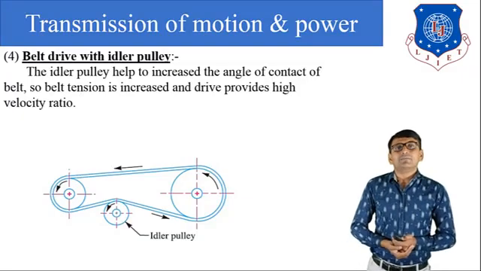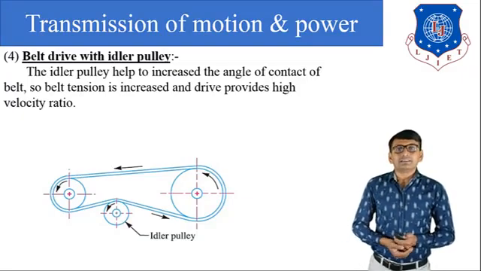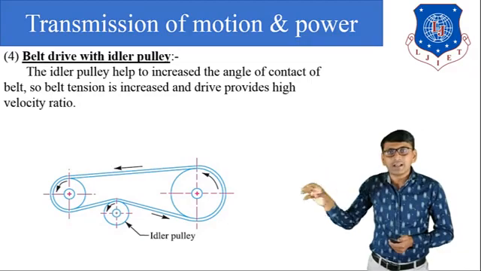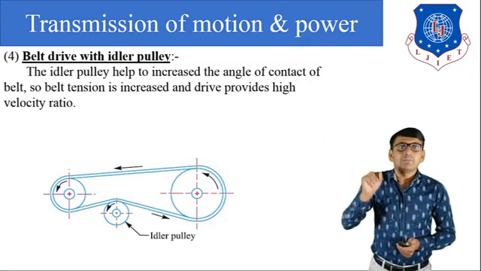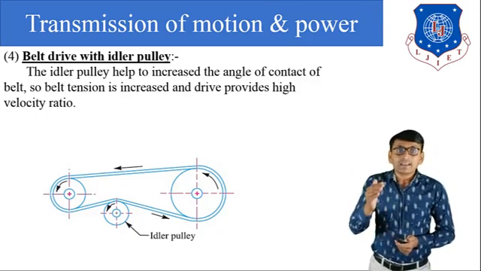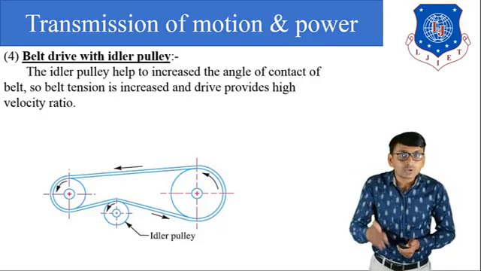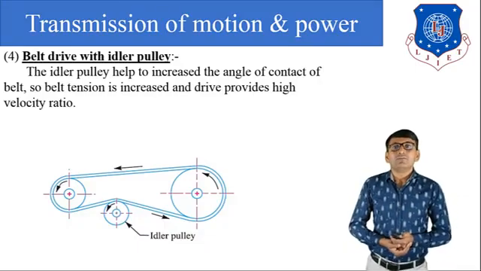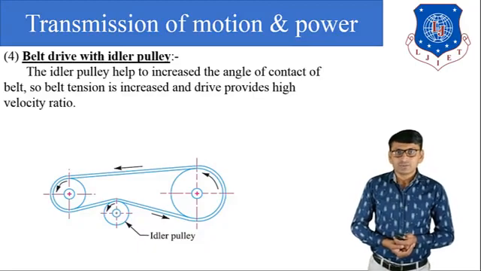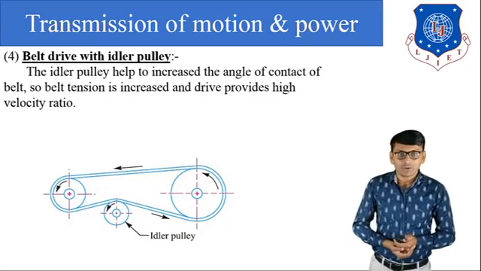The belt is mounted on the driving pulley and driven pulley, and one idler pulley is attached with the belt so that it increases the angle of contact of the belt with the pulley. So it provides a high velocity ratio. So this is belt drive with idler pulley.